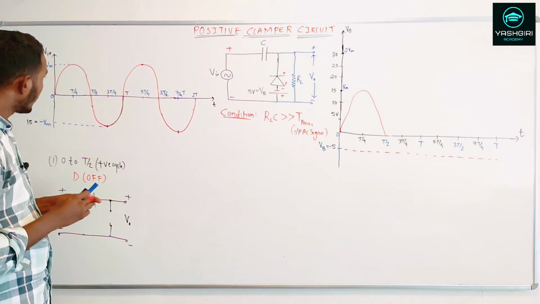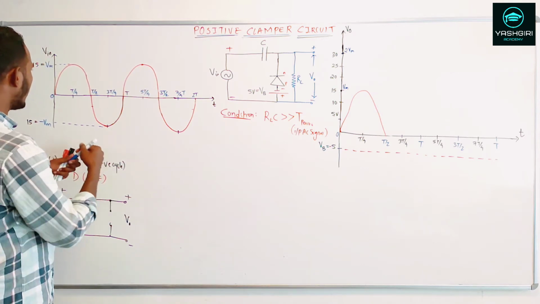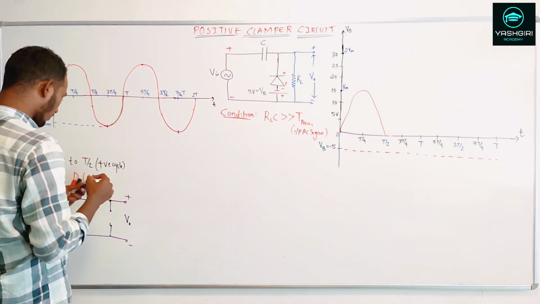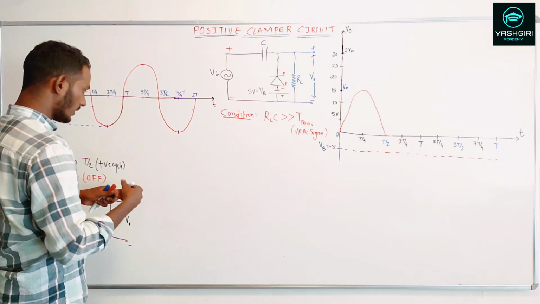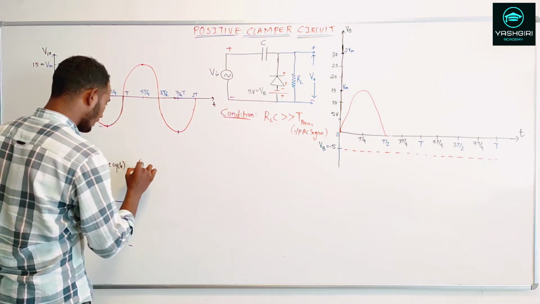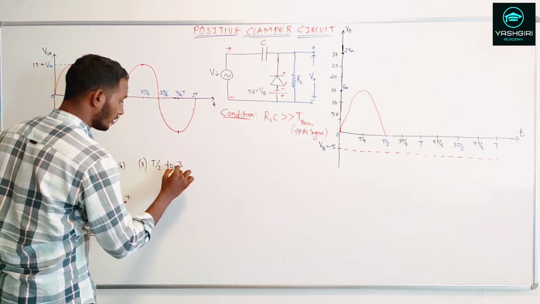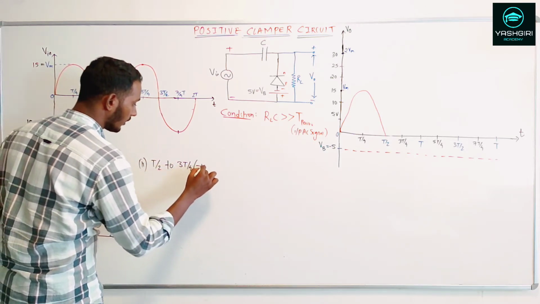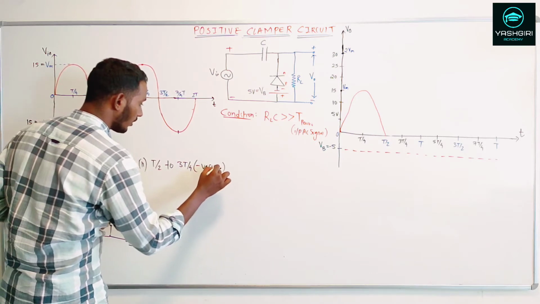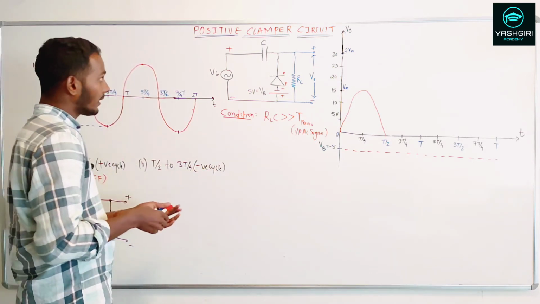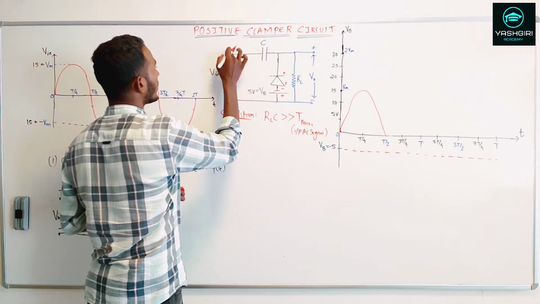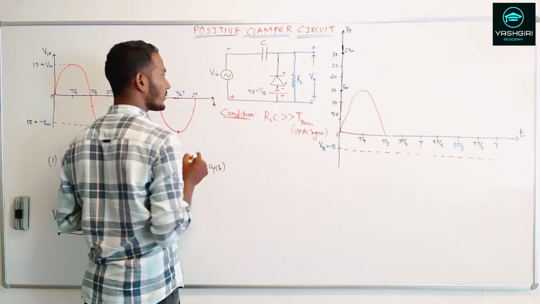Now for the next time period, from T/2 up till 3T/4, that is the negative cycle. The polarity will change. So this will become negative, this will become positive.